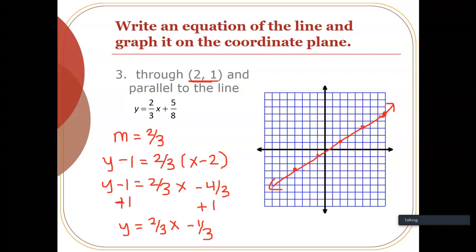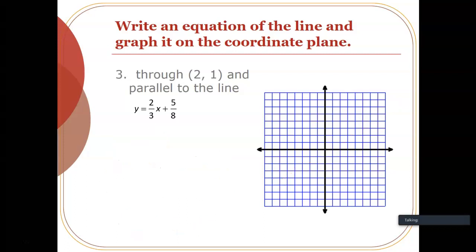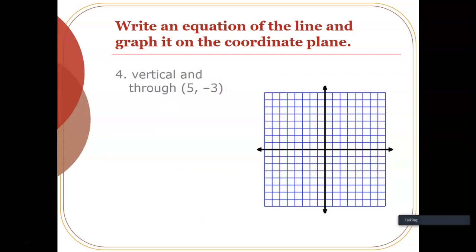So again, the next example is another special type. We're now talking about a line that is vertical. So if you go back to the very beginning of our notes, vertical means straight up and down.